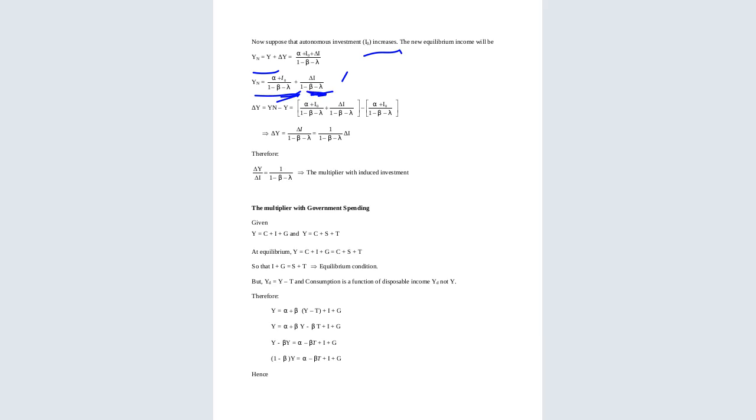So from here, you can now reorganize, open the brackets, add, subtract, and make y the subject again. So if you open that, this is what you will have.